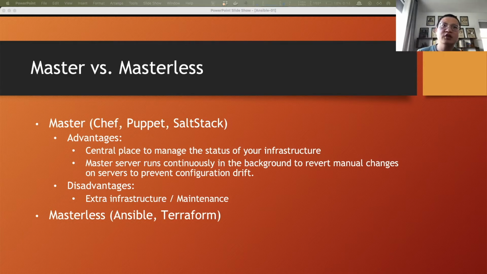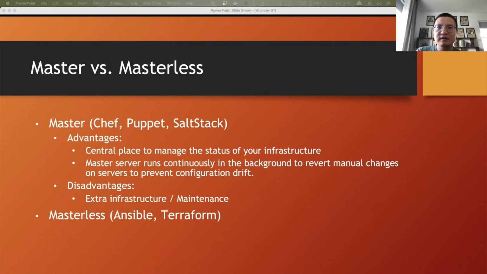By the way, Chef, Puppet, and SaltStack do have varying levels of support for masterless mode, where you just run their agent software on each of the client servers, typically on a periodic schedule, like a cron job, and use that to pull down the latest updates from version control.